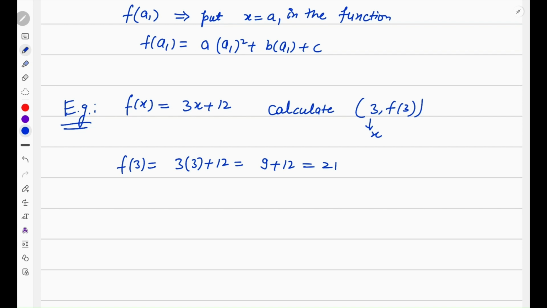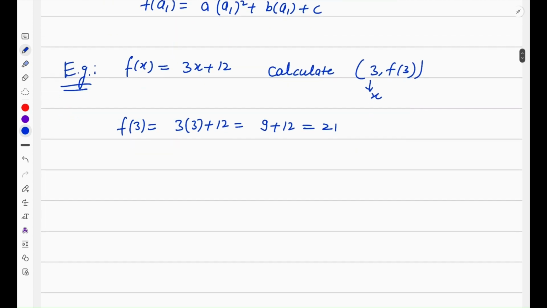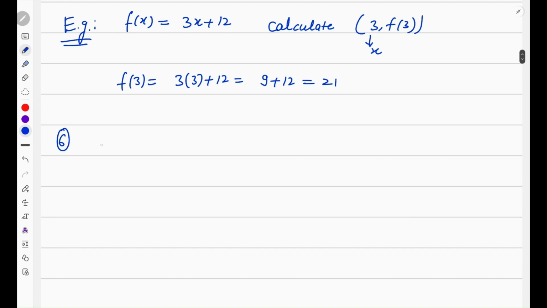Now another thing is the domain of a function. To calculate the domain of a function, it is required to understand what the domain is.